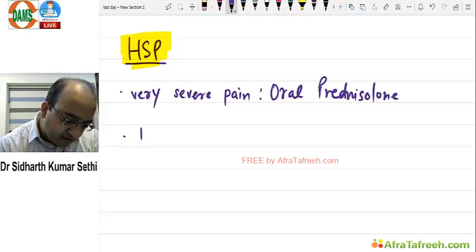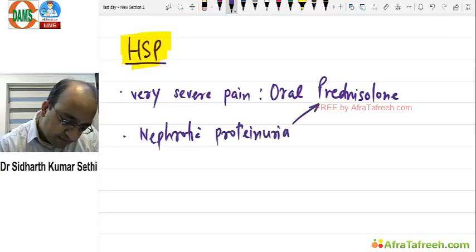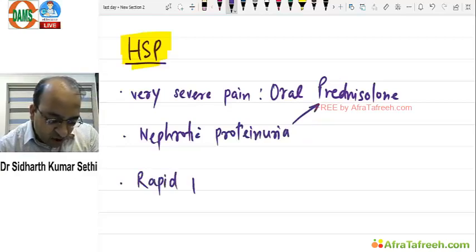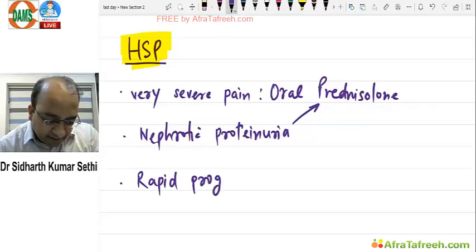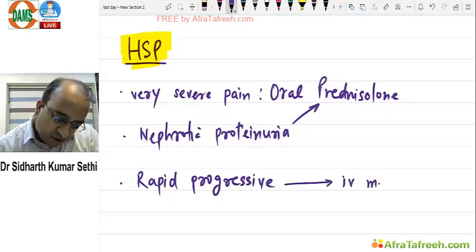If he has a lot of nephrotic proteinuria, edema, then also we give oral prednisolone. Only if he has rapid progressive kidney loss, kidney failure, a rapidly progressive course, we will give IV steroids called IV methylprednisolone.